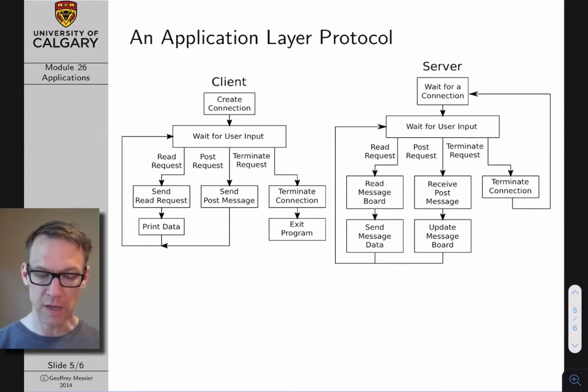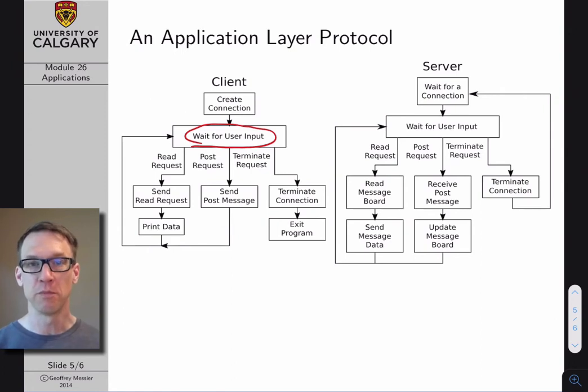On the client side, the very first thing the client will do when the program starts is to create a connection to the server. And then after that, we have a wait for user input, but this block is waiting for user input from the terminal. So the client program is just going to print out a little message to the user on the terminal saying, hey, what do you want to do?